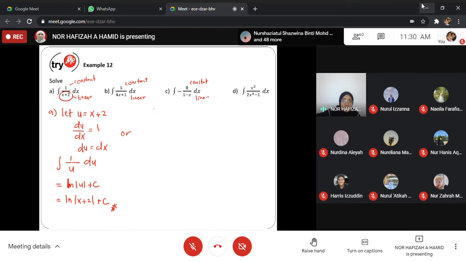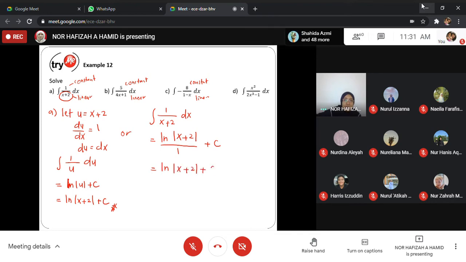So ini kalau saya pakai substitution method or you boleh solve using formula. So sekarang saya nak integrate 1 over x plus 2 dx. So kalau you use formula, dia also equal to ln x plus 2. So you need to differentiate x plus 2. Differentiate x plus 2 is equal to 1. So you divide dengan 1 plus with c, or you have ln x plus 2 plus c.